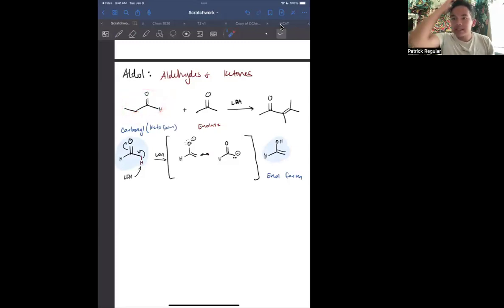You might be thinking, why is the enolate important? If we pretty much only care about the keto form, the carbonyl form, when drawing on paper, what does the enolate do? The reason the enolate is so important is that it's the one that's nucleophilic.